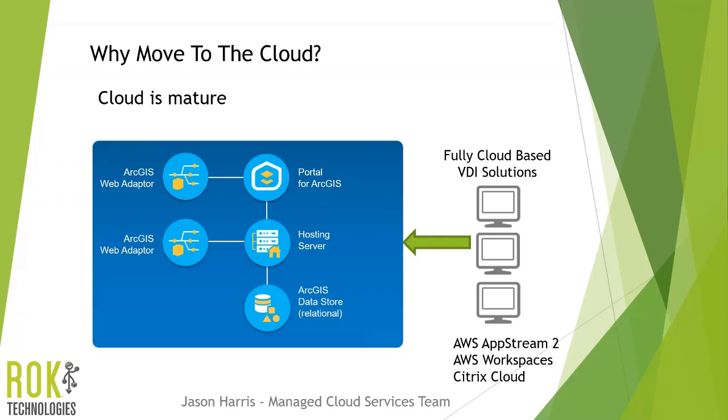Well, really what it means is that you can run ArcGIS Desktop and ArcGIS Pro and all the other everyday applications that you use in your daily workflows directly in the cloud and simply stream the pixels back to your local desktop. And that local desktop can be a dummy terminal, it could be a Chromebook, it could be a Mac, it can be really whatever. It could even be a tablet if you wanted to.